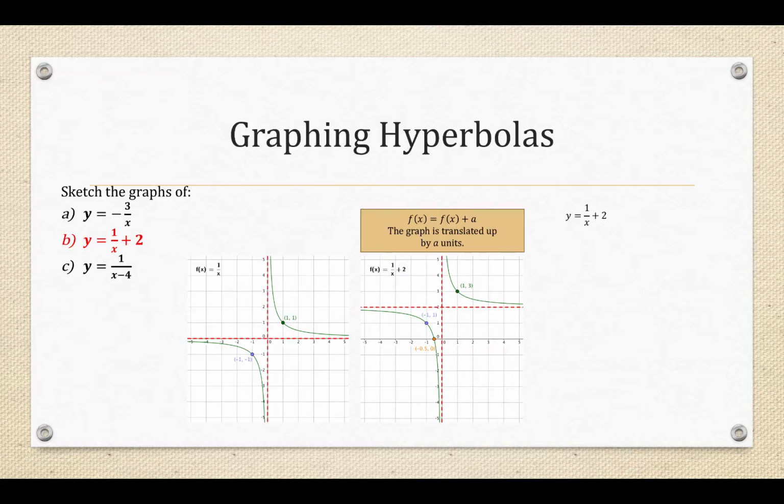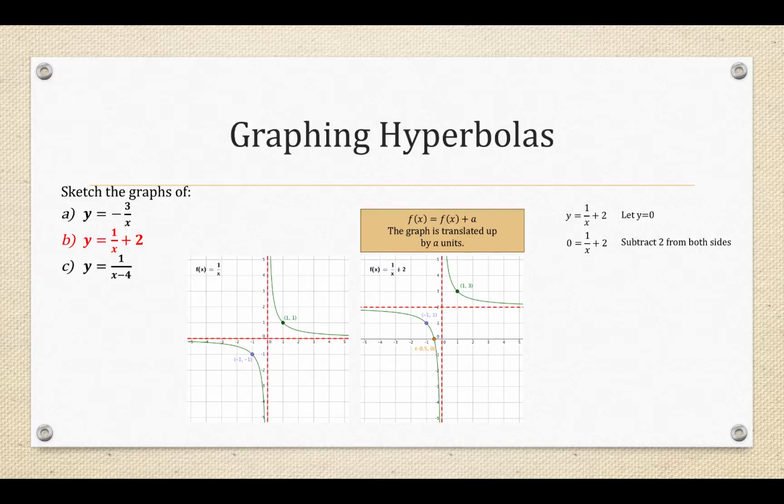We take y equals 1 over x plus 2. We know when the hyperbola crosses the x-axis, then y is equal to 0. So that's what I'm going to do. I'm going to let y equal 0. That will give me 0 equals 1 over x plus 2. And we subtract 2 from both sides, so we're now solving this equation for x.